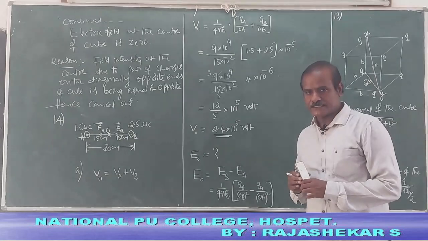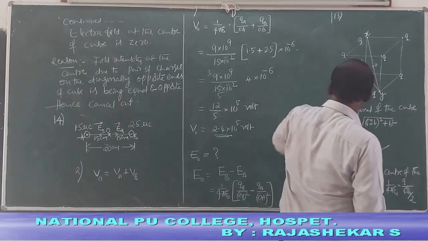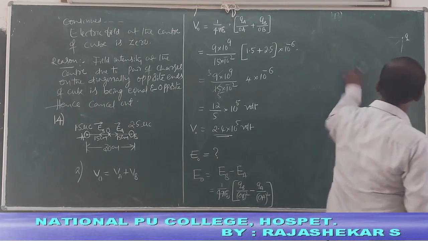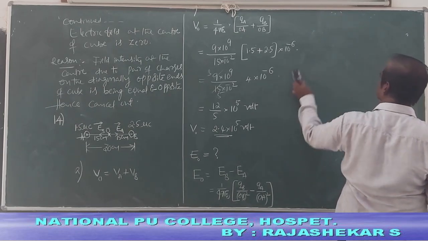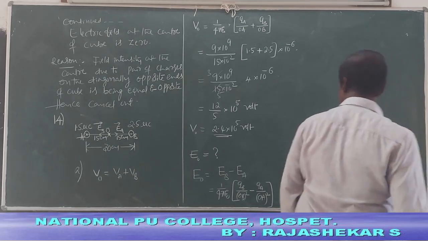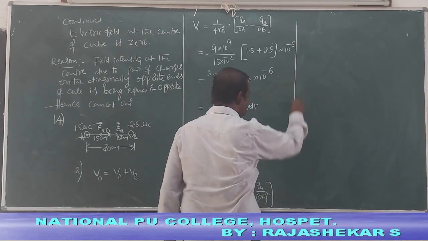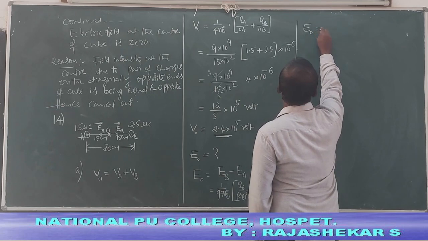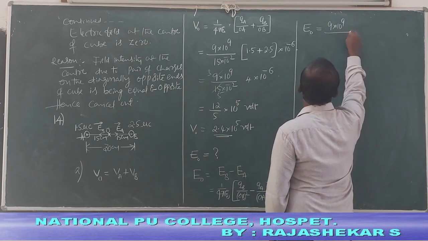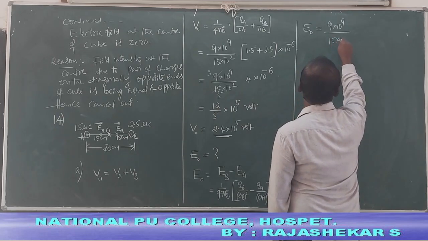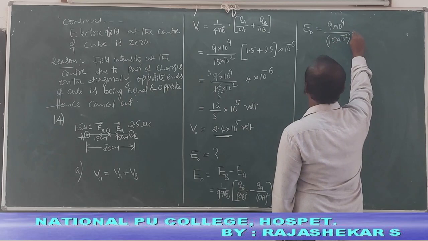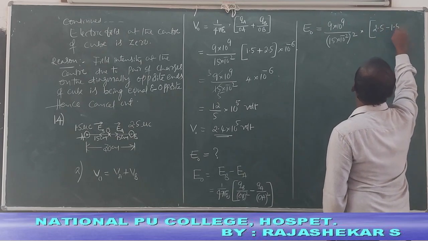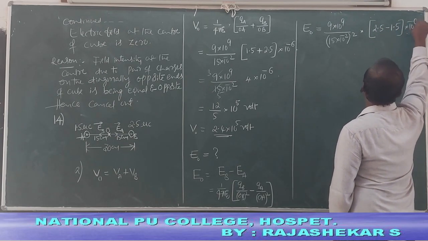And if you further substitute and simplify the numerical part, (2.5 minus 1.5) into 10 to the power minus 6.